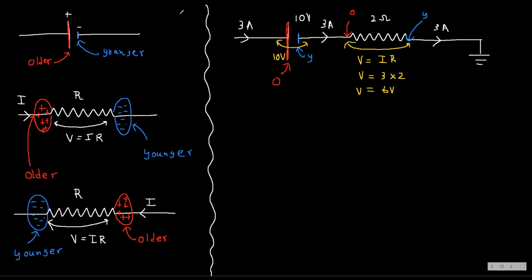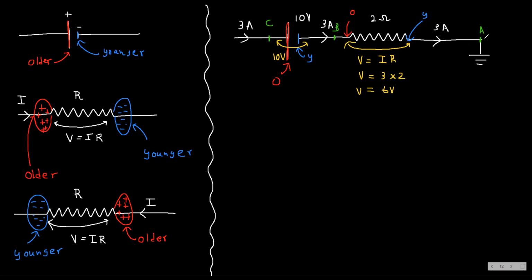Now, previously I told you, if I set some point to earth, what happens to the voltage of that point? 0. I'm going to consider this is point A, this is point B, and this is point C. Now I have to calculate the voltages at each point.